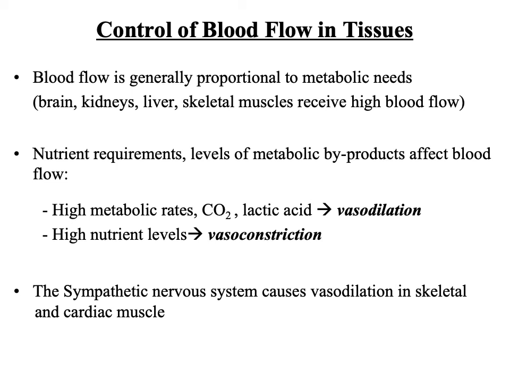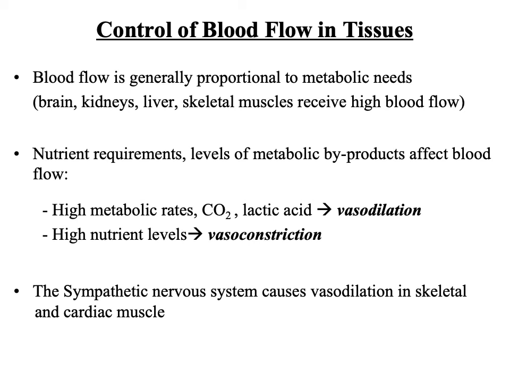On the other hand, if you have high nutrient levels in an area, so oxygen and lots of glucose, that don't seem to be disappearing from the blood, that means those tissues are probably not using the oxygen and glucose that quickly. So we don't need to increase blood flow until they can use up those nutrients.